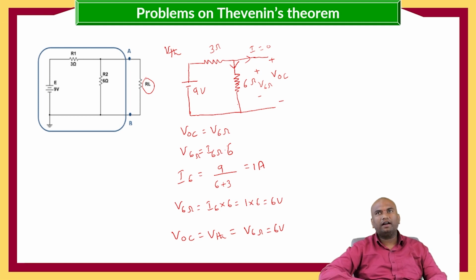For calculating RTH, we need to make the sources 0. That means the voltage source is replaced with a short circuit and the current source is replaced with an open circuit.